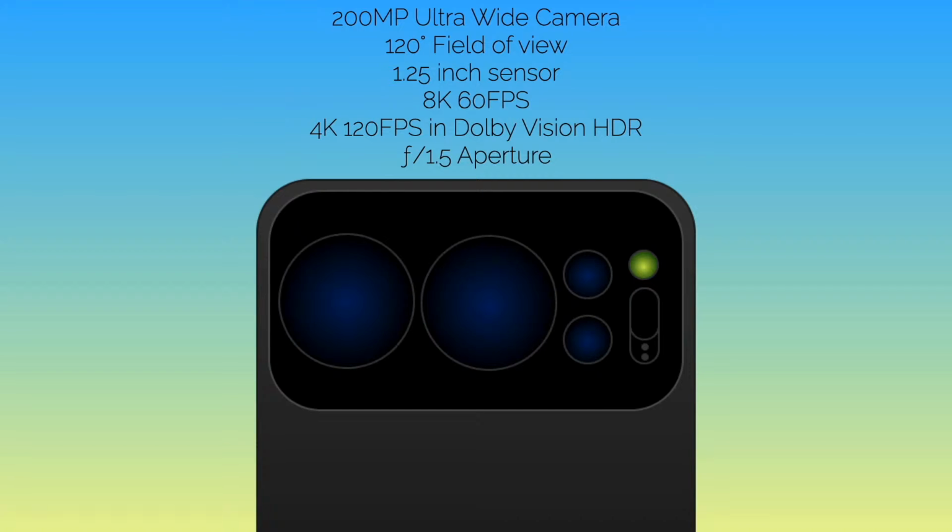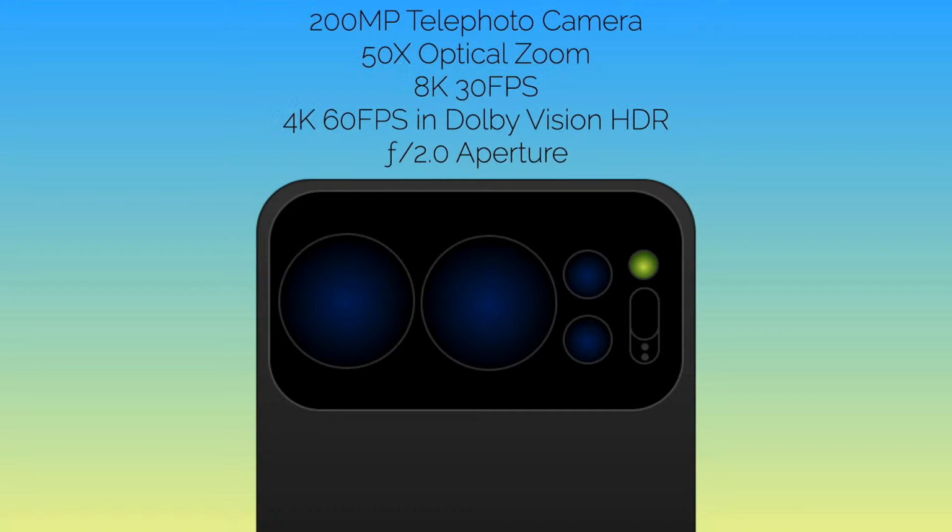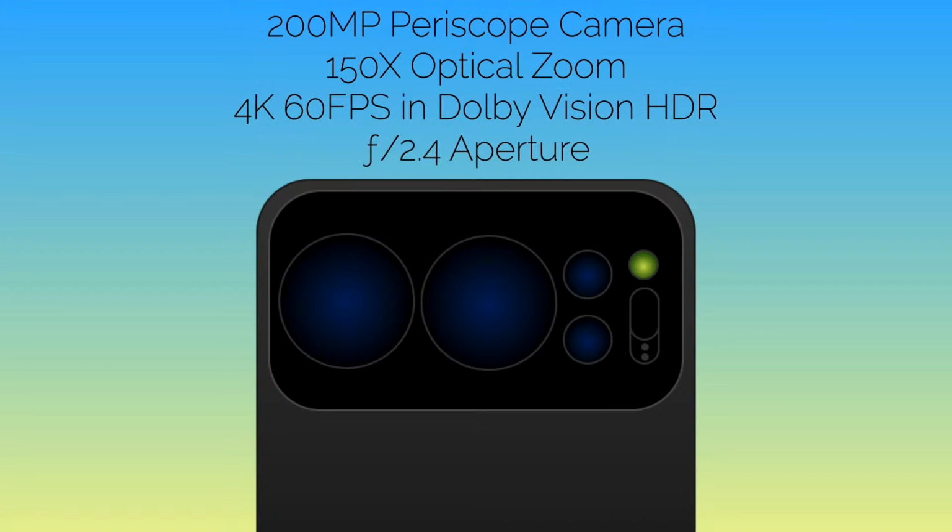We have that same exact sensor for the ultra wide lens, and the ultra wide lens has a 120 degree field of view. We have a 200 megapixel telephoto camera with a 50x optical zoom, 8K 30 FPS with 4K 60 FPS, Dolby Vision, and f2.0 aperture, and a periscope camera with 150x optical zoom, and this combines with the telephoto so that we can combine together for up to 200x zoom.